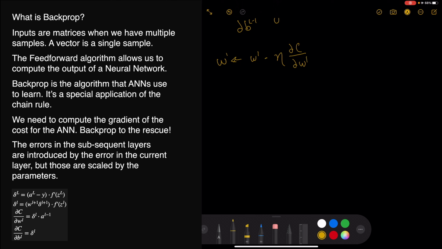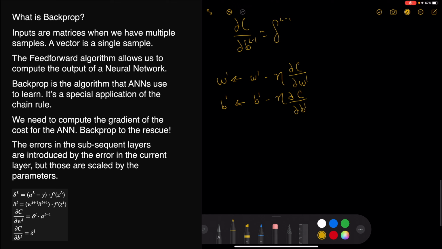And then we can just do the same thing with the bias as well. We can update it very easily. Right? I hope you can see why this is the case from our previous videos on linear regression and multi-regression, if you want to see those as well.